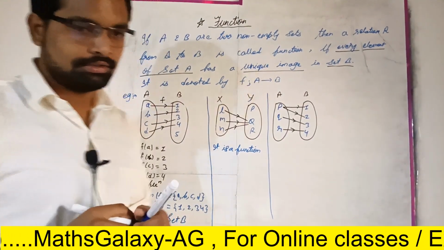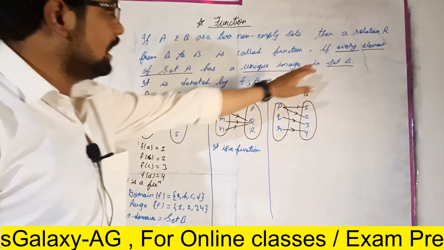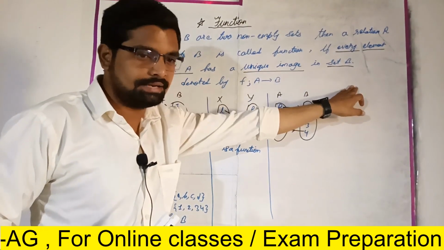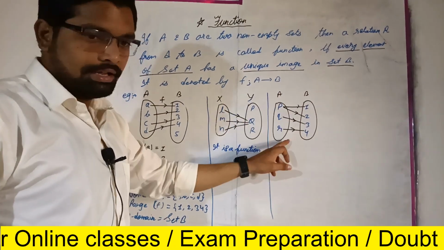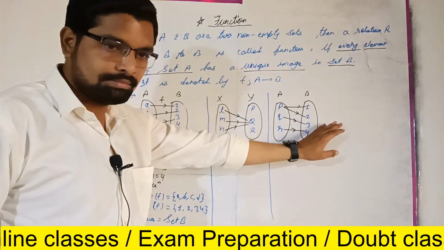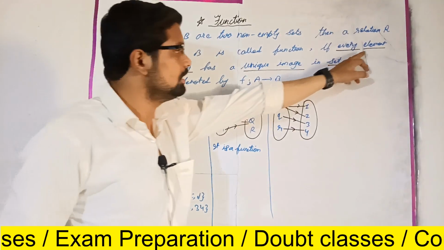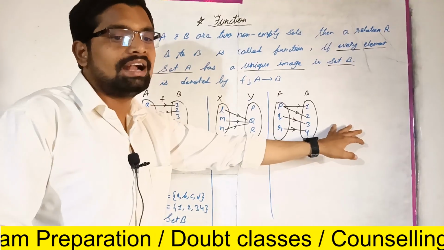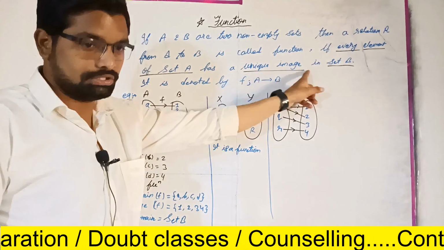It will not be a function, right? Every element of set A must have a unique image in set B. Now let's see here. In set A, every element has an image in set B, right? The first condition is correct. But what type of image? The image will be a unique image.